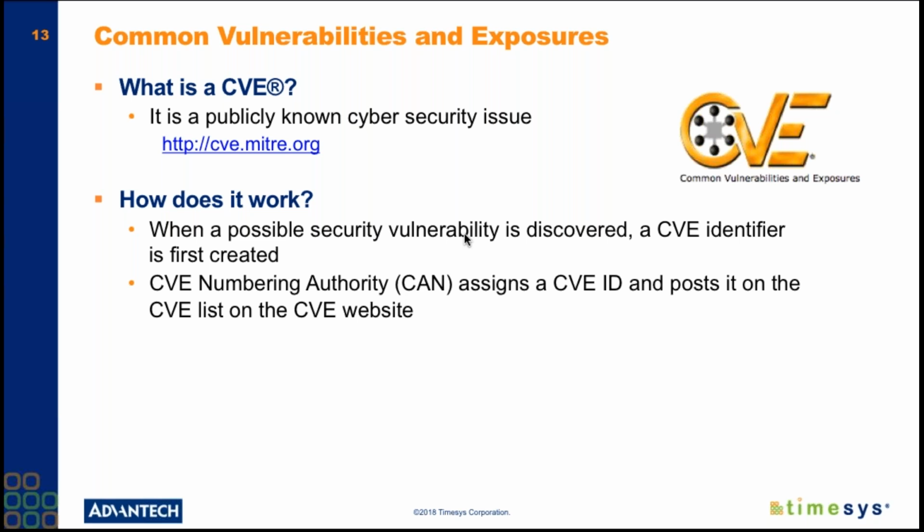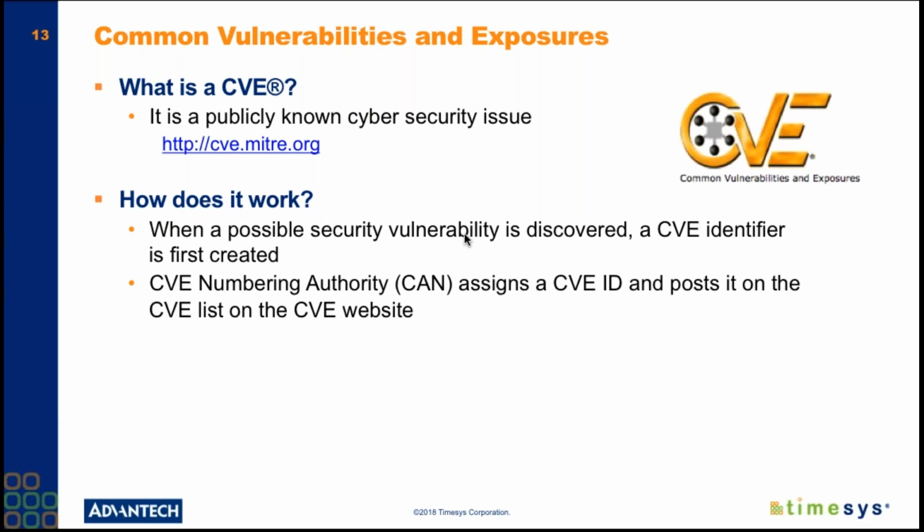How does reporting of a Common Vulnerability and Exposure work? When a security issue or vulnerability is discovered, and it can be discovered by anyone, a CVE identifier is first created. So everyone can go to that website and create a CVE identifier.